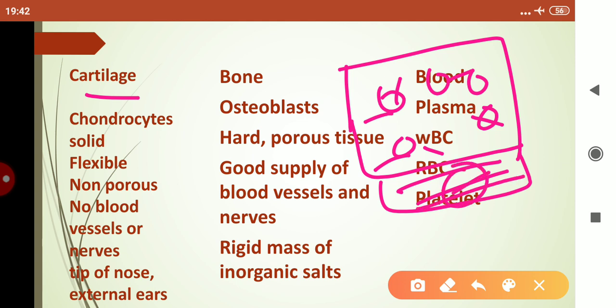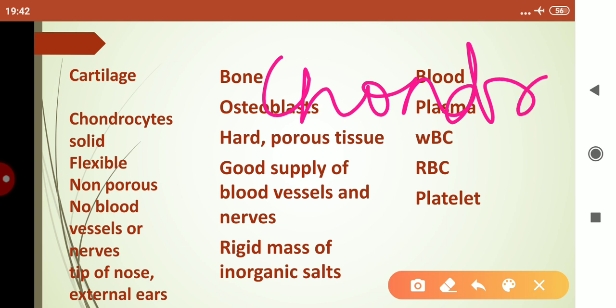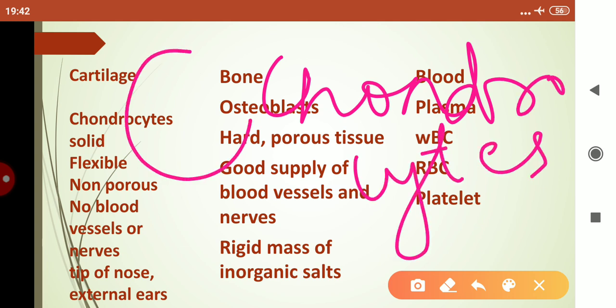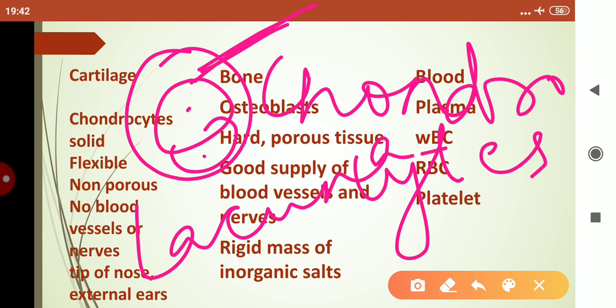The cells present deep inside the matrix become inactive and are very slow in the production of the ground substance. So those cells are now called chondrocytes. These chondrocytes are present in a cavity. This cavity is called lacuna.